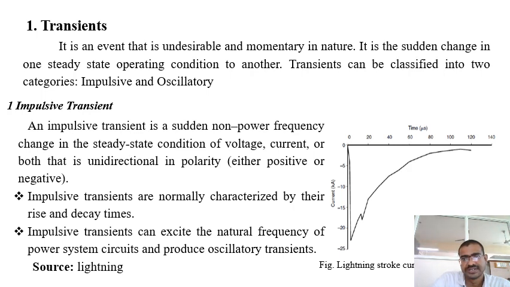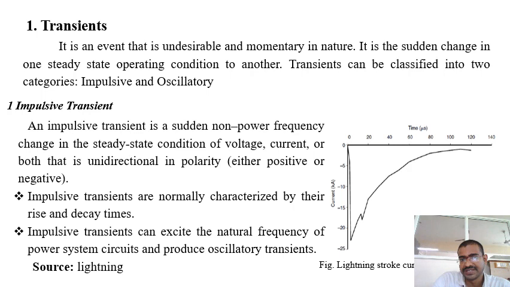Impulsive transients are a subcategory of transients. An impulsive transient is a sudden non-power frequency change in the steady state condition of voltage, current, or both, that is unidirectional in polarity, either in the positive direction or the negative direction.